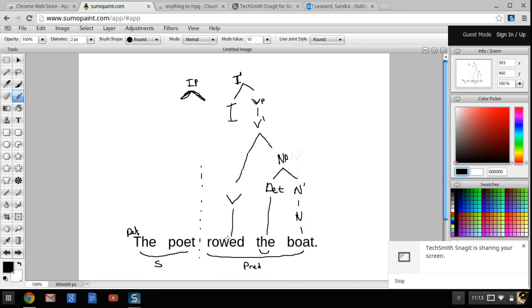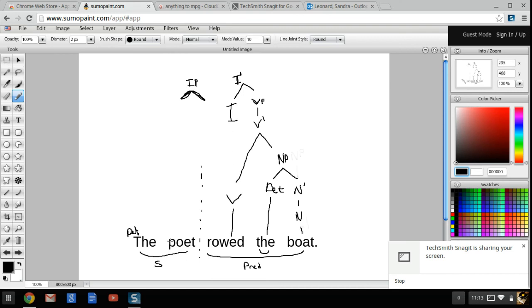And now I've got to determine if rowed is past tense or not past tense. By not past tense, I mean present tense, but it's not as simple as that. It's not just present tense. We've got present continuous, we've got future, we've got hypothetical.